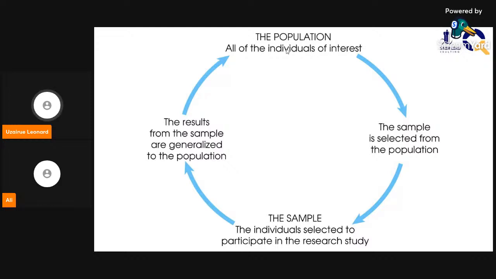Having determined their white blood cell level, when you want to conclude, you are not going to say it is only the white blood cell of these 500 smokers I collected. No, because your sample size was correct, you can say the white blood cell of smokers in FCT is this.